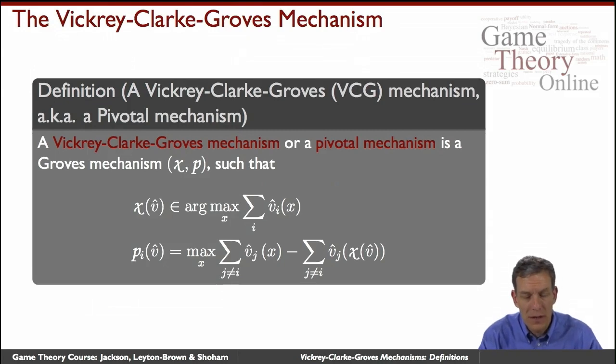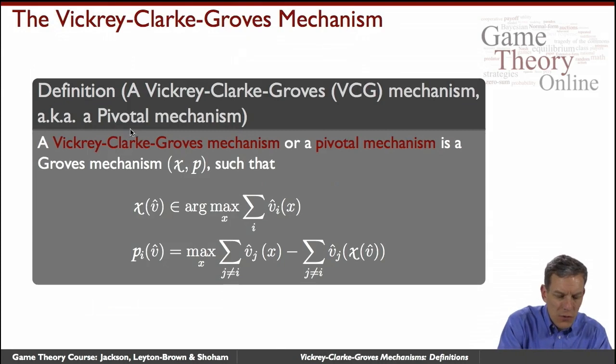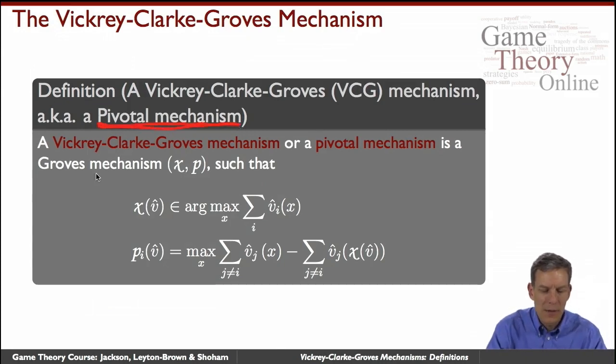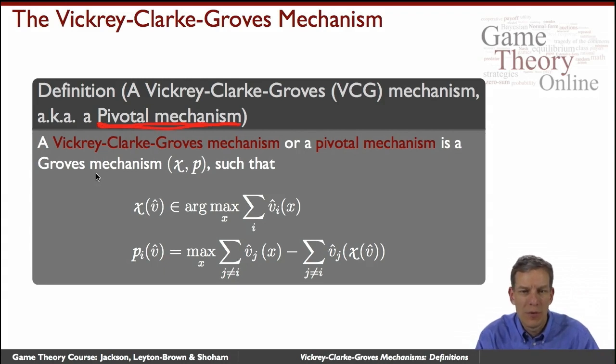Okay, so now let's look at Vickrey-Clark-Groves mechanisms, the special class, which go by different names in different literatures. So in the economics literature, this was originally known as a pivotal mechanism. In part of the computer science literature and the game theory literature more generally, it's becoming known as VCG mechanism. Sometimes VCG is used to look at the broader class.